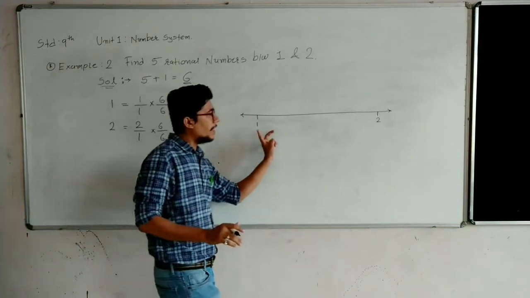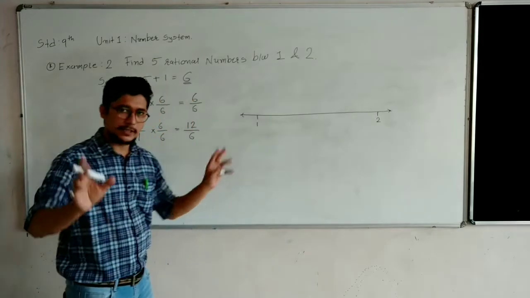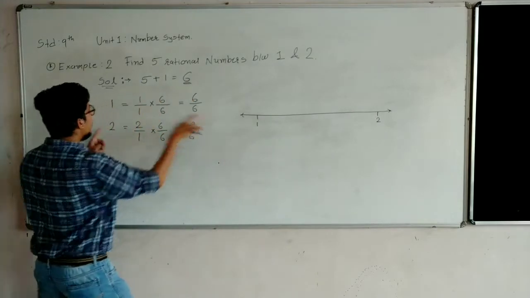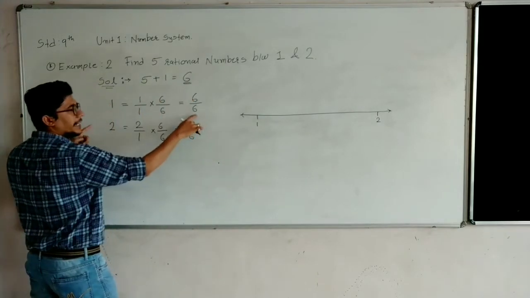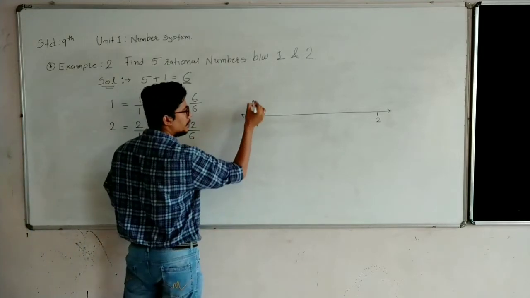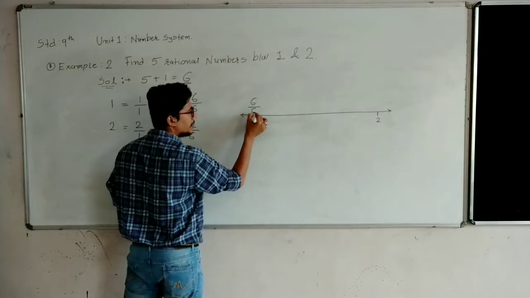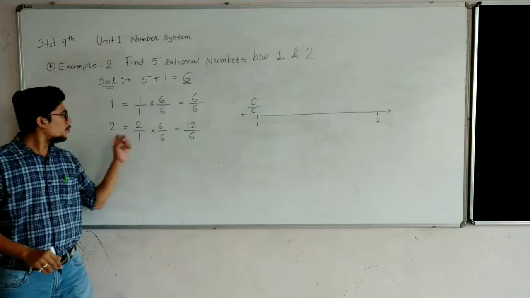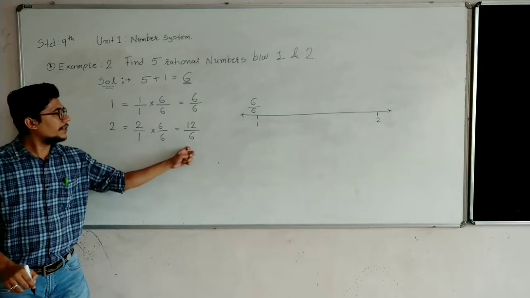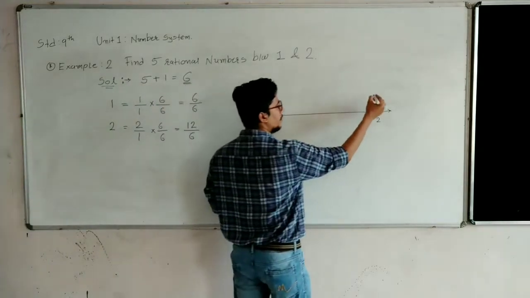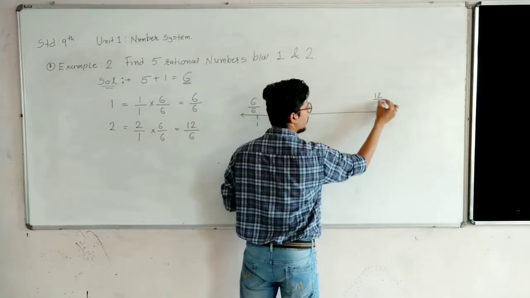So 1 and 2 I am placing at some distance. As we know, 1 can be indicated by 6 upon 6, and 2 can be indicated by 12 upon 6.